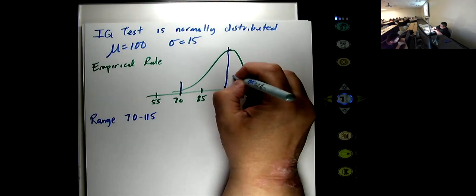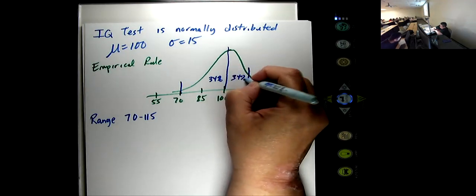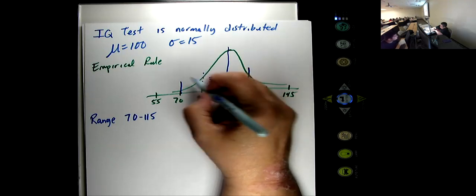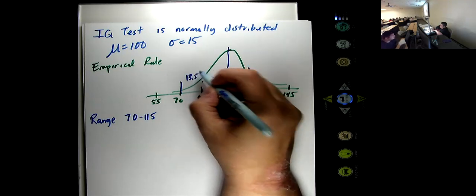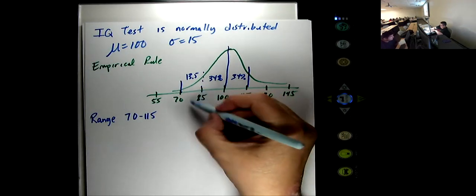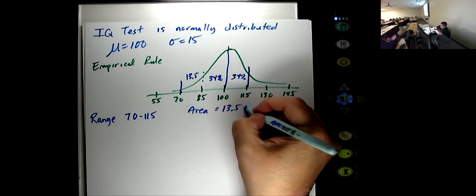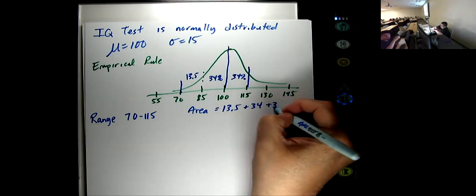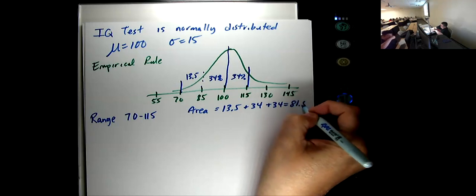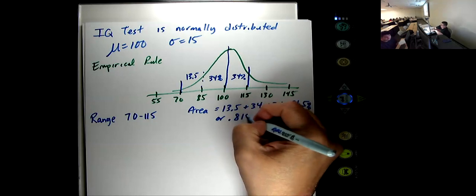So remember, this is 34%. This is 34%. This is 13.5% right there. The area there is all three of those. 13.5 plus 34 plus 34 is 81.5% or 0.815.